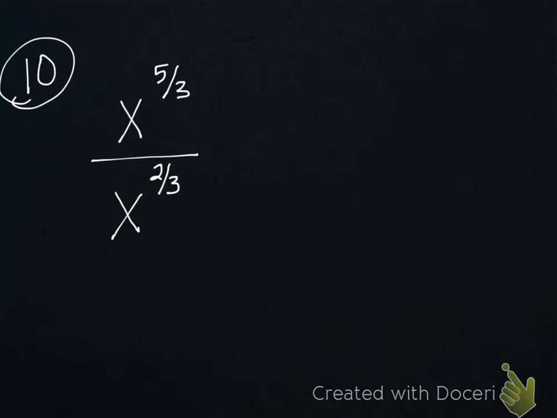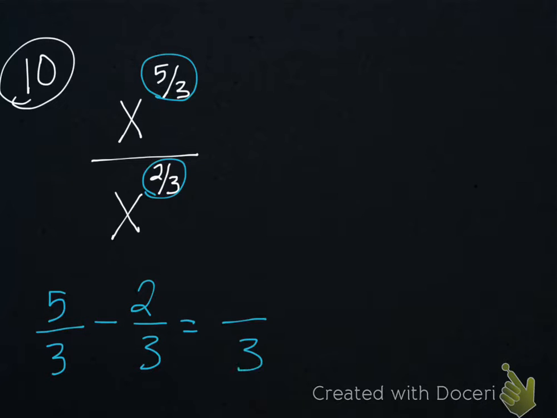Number 10. It's the same thing as number 9. The bases are the same. The exponents are fractions. It doesn't matter. Top minus bottom. So I have 5/3 minus 2/3. Okay, the denominators match, so all I have to do is subtract the numerators. 5 minus 2 is 3.